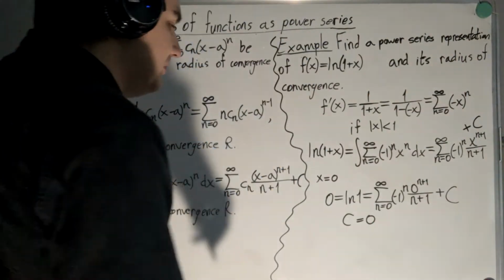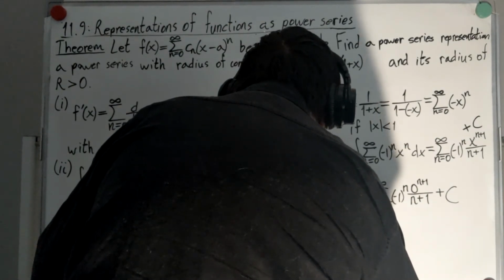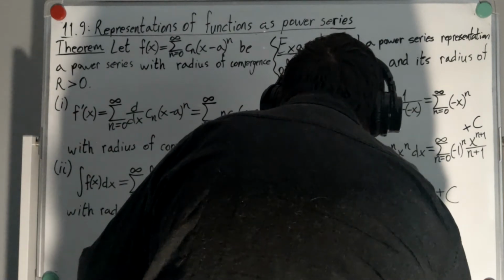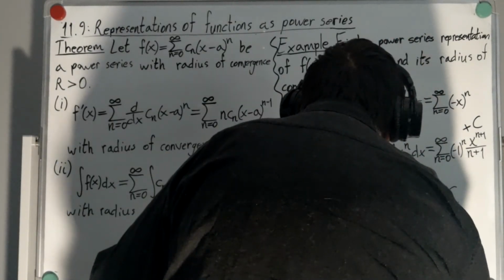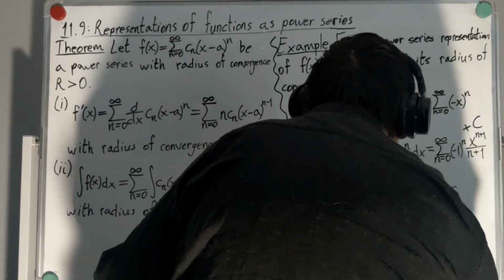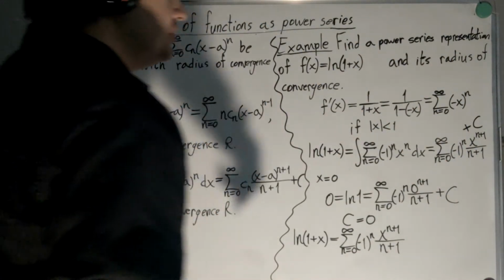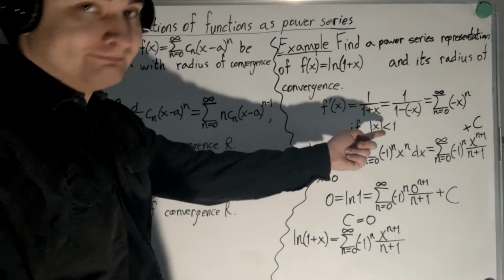And then if c is 0, that means natural log of 1 plus x is equal to this power series, the sum from n equals 0 to infinity of negative 1 to the n, x to the n plus 1 divided by n plus 1, with a radius of convergence of 1.